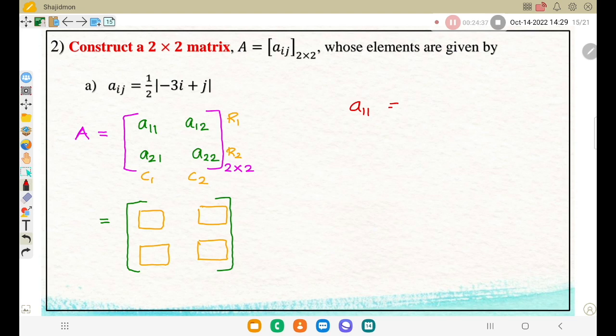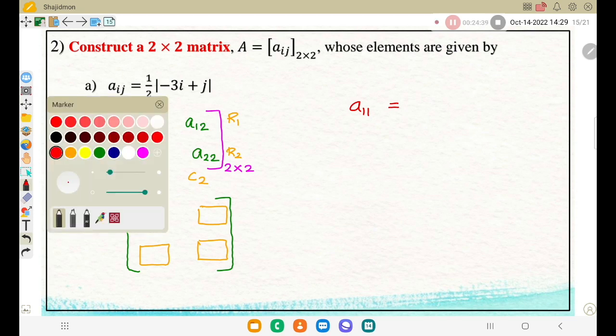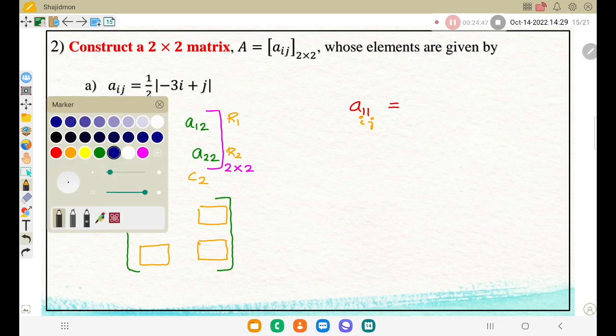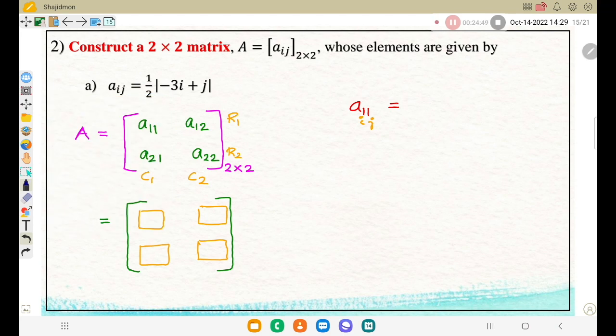A11 equals. A11 means, what is the i number and j number, you can think. The i number means the first number of the suffix. The j number means the second number. 1, 1, both are 1. So i is 1 and j is 1. So how to write? Half multiplied by absolute of minus 3 times i number, i is 1, plus j number, that is also 1. So how to calculate this one?